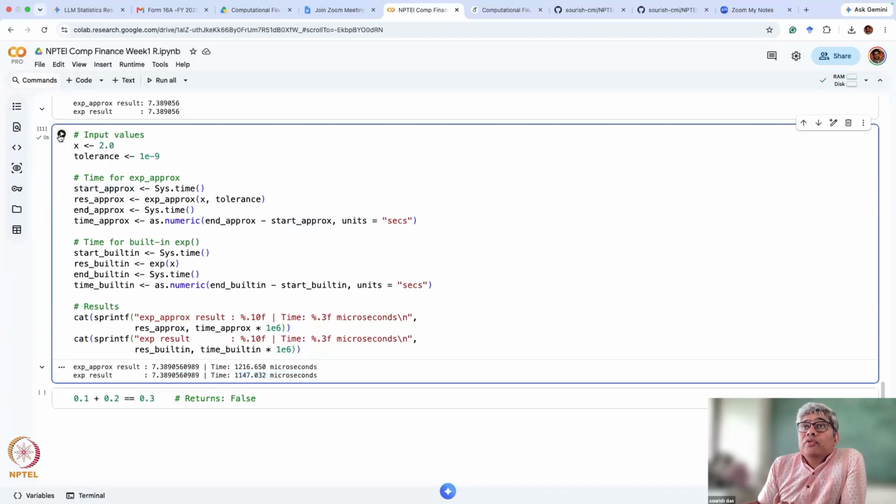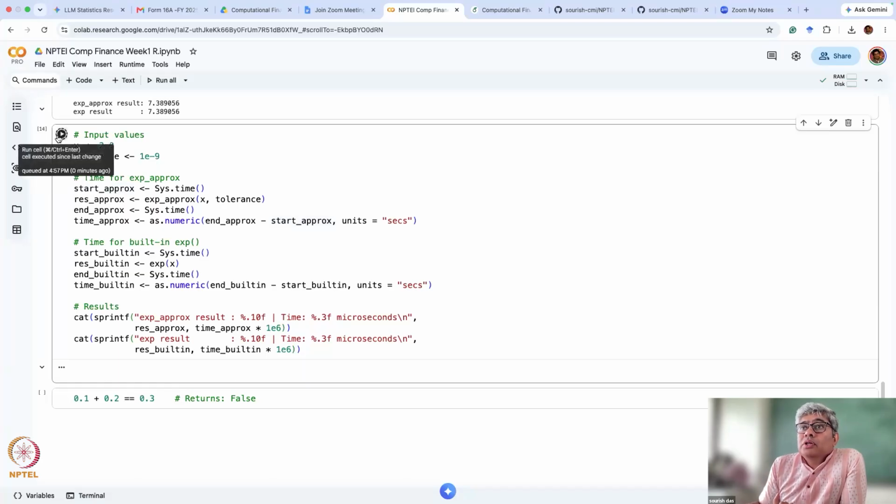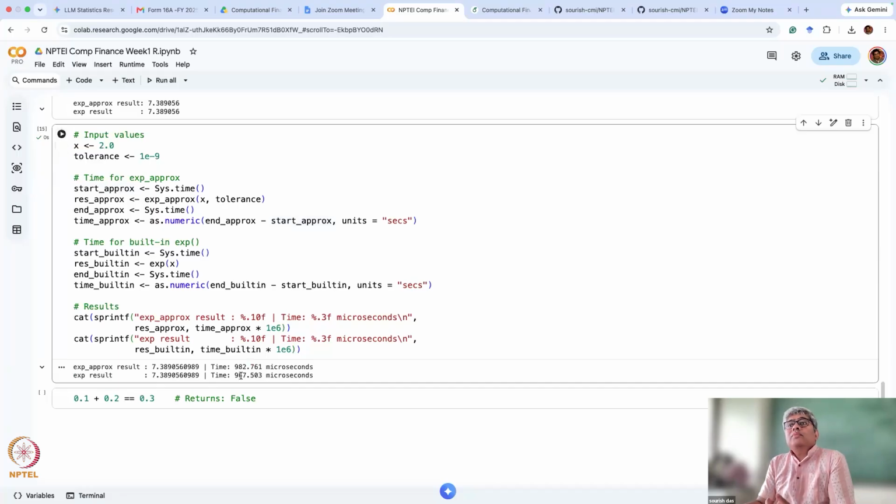If we run it a few more times, here it took 889 microseconds. Again, if you run it a few more times, you will see most of the time we have the same result, but our function is slightly slower than the built-in function in R.